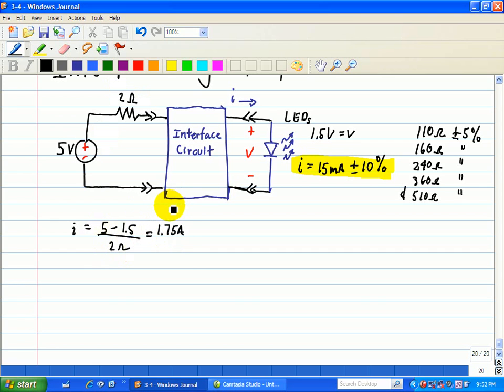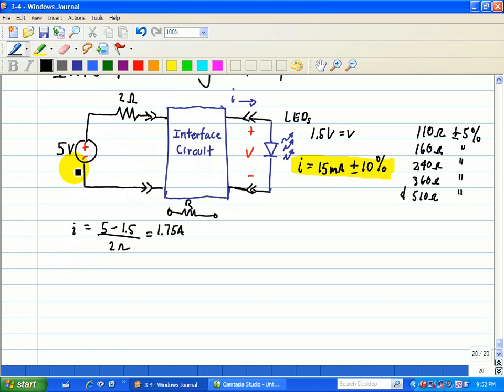Therefore a series resistor, which I'll draw right here, needs to be connected to limit the amount of current going through the LED. So we'll start off with a KVL loop right around here, which will start here, go through the 2 ohm, go through this R resistor, and then go through the LED, and we end up equal to 0.